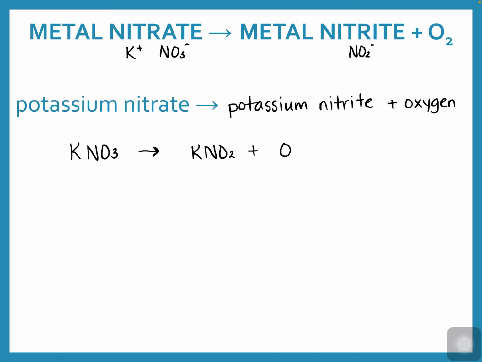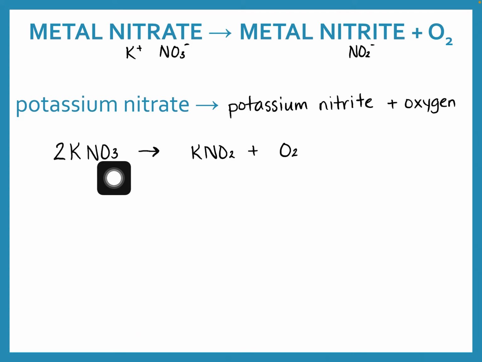And oxygen we know is one of our diatomics, O2. So to balance this, I have K and N, 3 oxygens on this side and 4 oxygens on this side. So this only comes in groups of 3.